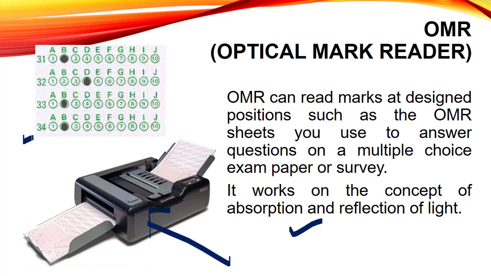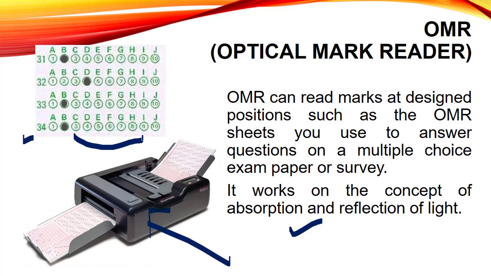Well, after that the answers that you have filled, the dark options, will absorb the light, whereas all the answers which you have not circled will reflect back the light. Fine.